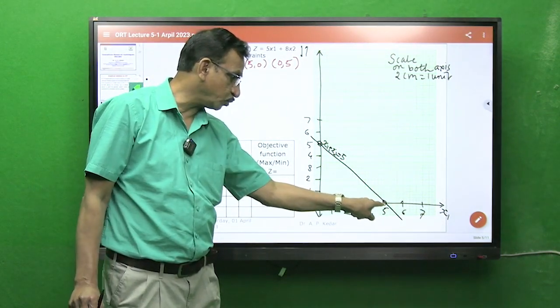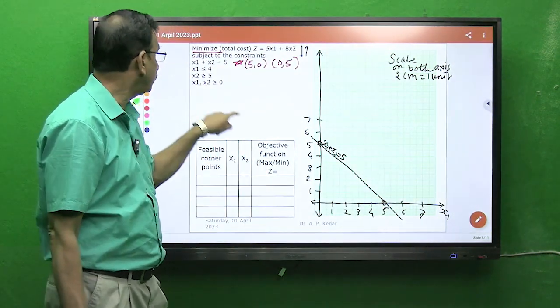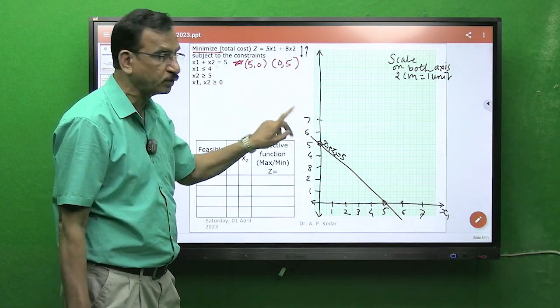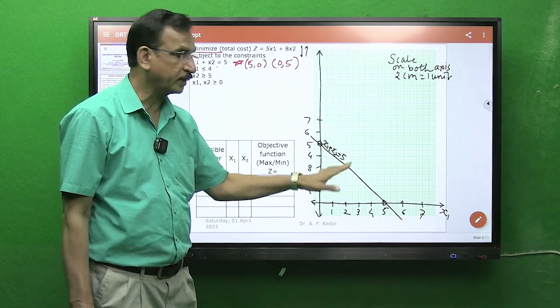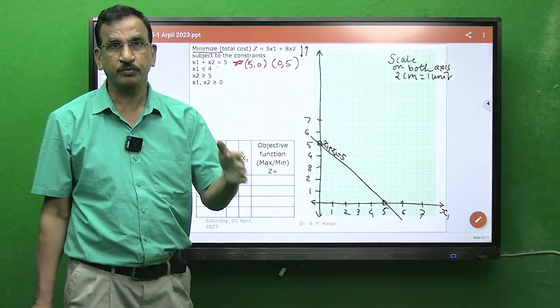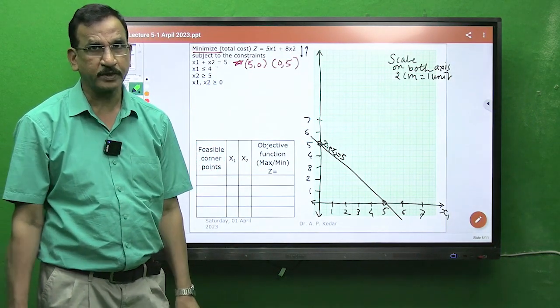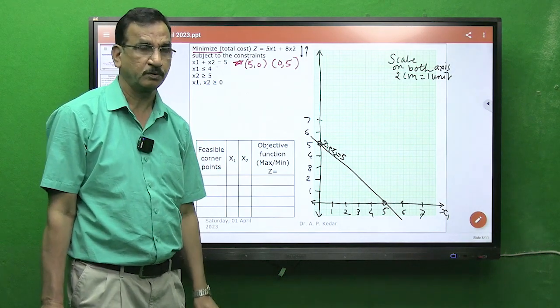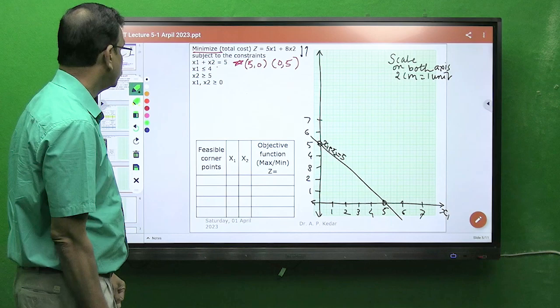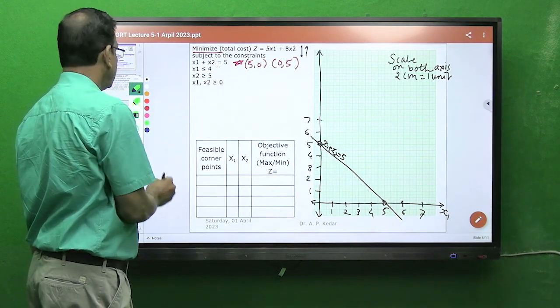Value of x1 is only equal to 5. Similarly, value of x2, if you put x1 is 0, only equal to 5. So there is no marking of arrows. Those we did in earlier 2 examples. That is very important for constraint whenever it is equal to. Now we'll plot this second line.